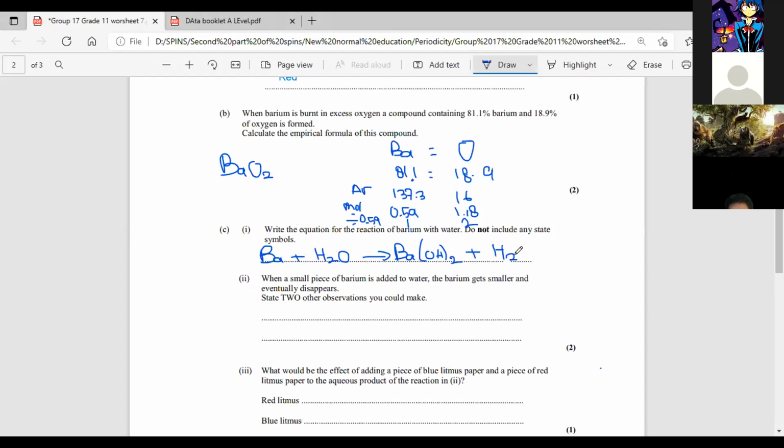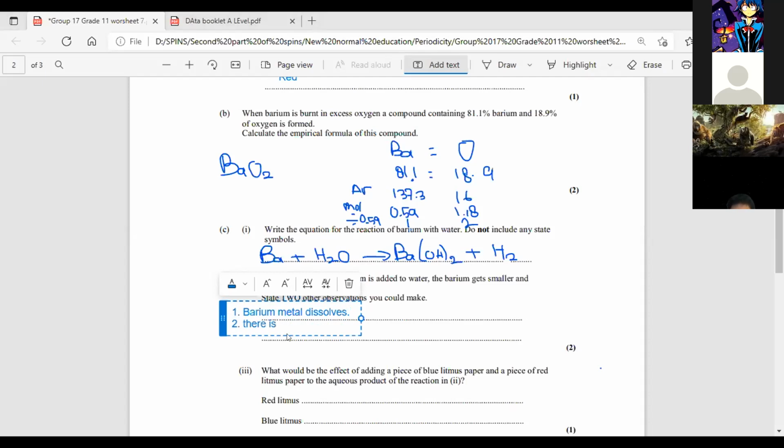When a small piece of barium is added to water, the barium gets smaller and eventually disappears. State two observations you could make. First observation, barium metal dissolves. Number two, there is a heat change, heat forms, exothermic.